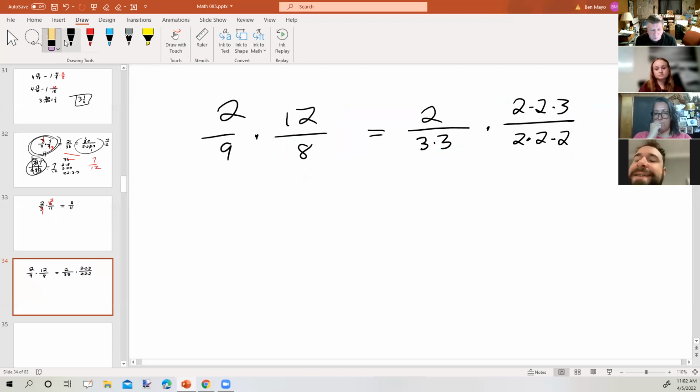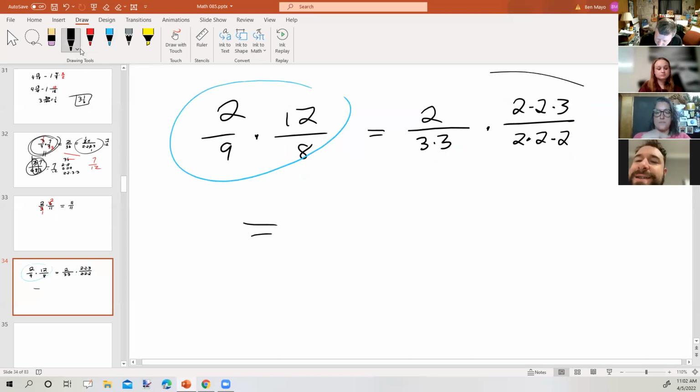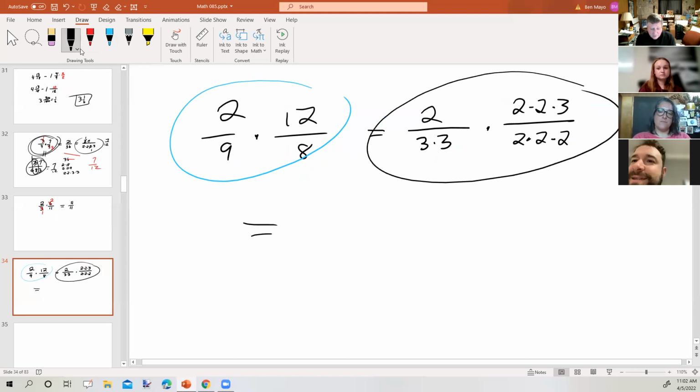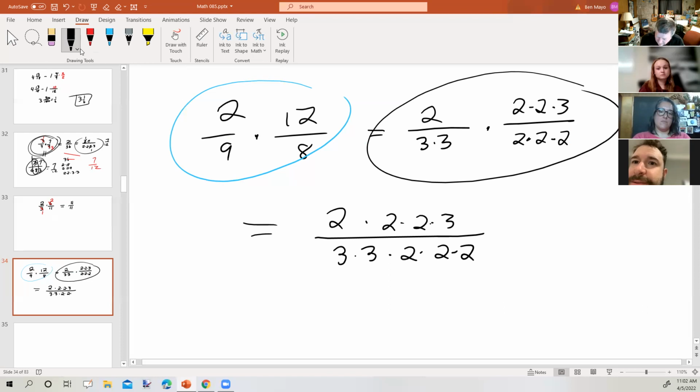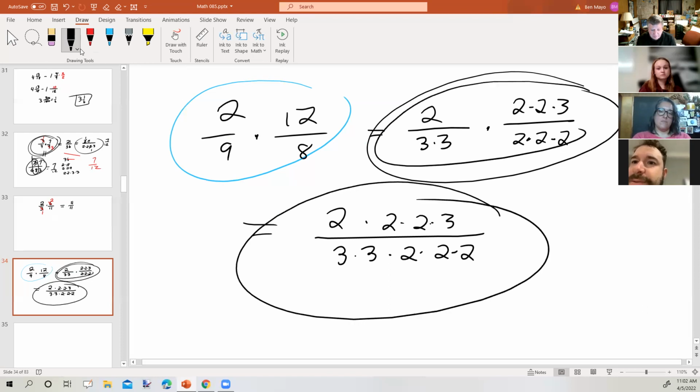Since the rule is when you multiply fractions, you multiply straight across. Let's put them together, but let's not actually multiply them together. So wouldn't this be, isn't that the same thing as that? It is. Okay. Now, multiplication is commutative.